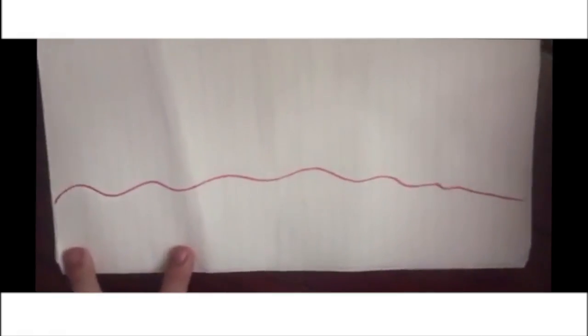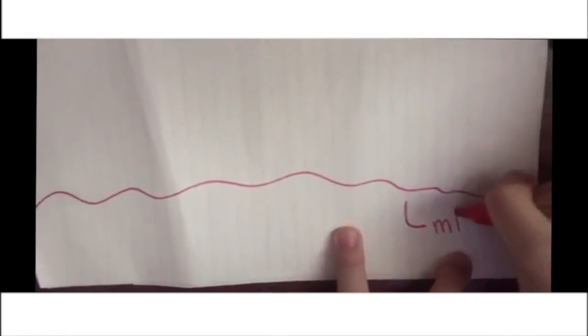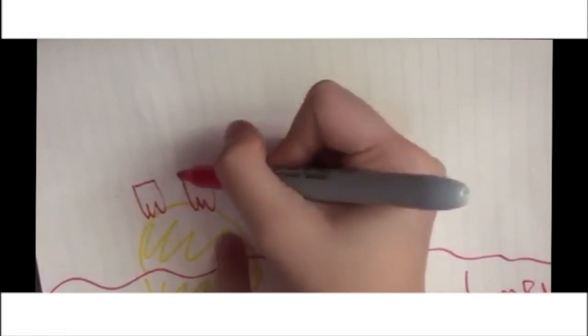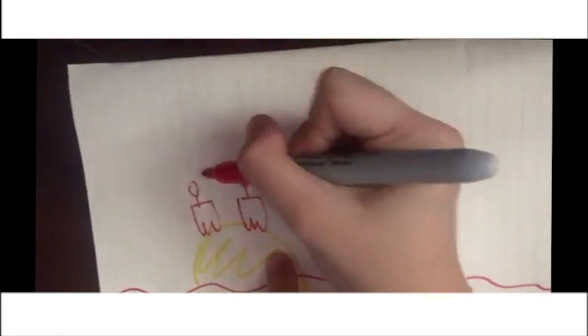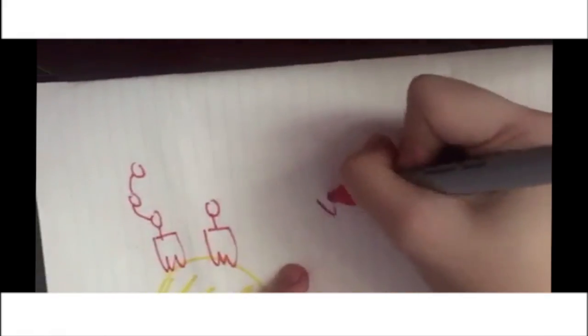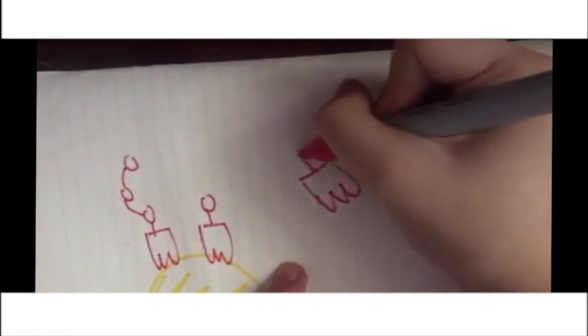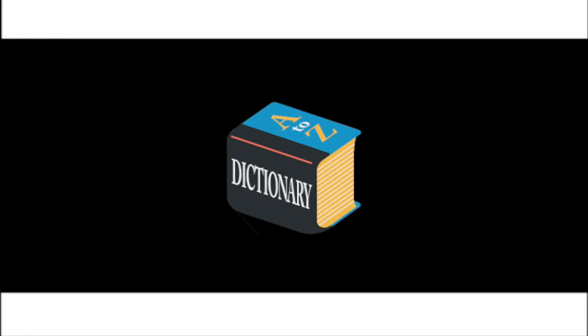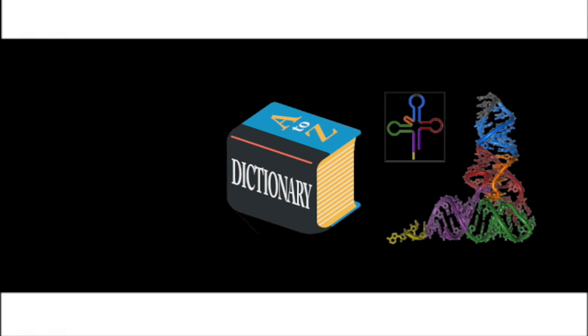Each tRNA has an amino acid attached on the top, which will be released at the ribosome when the anticodon matches up to a codon. The amino acids that bind in the ribosome will create a chain. tRNA is like a dictionary because it translates the information into another language.